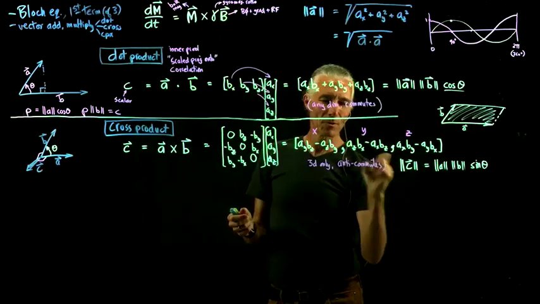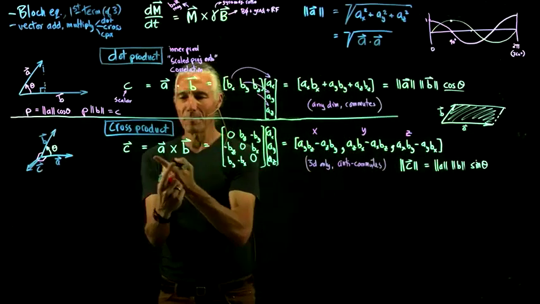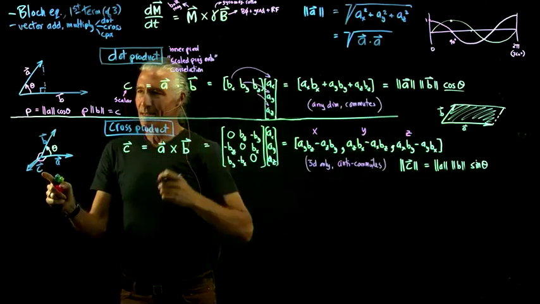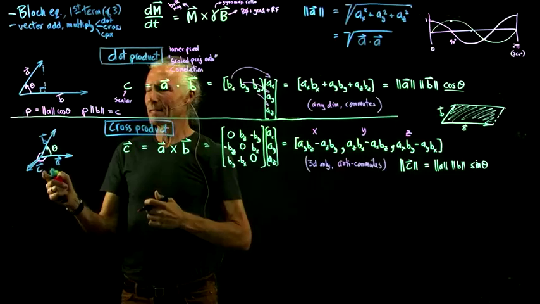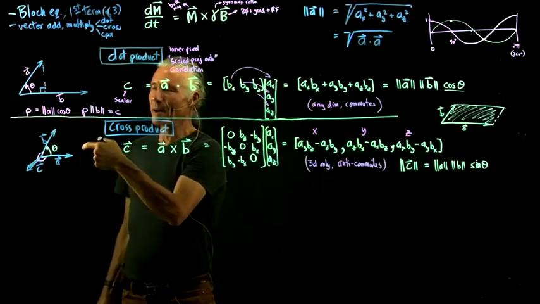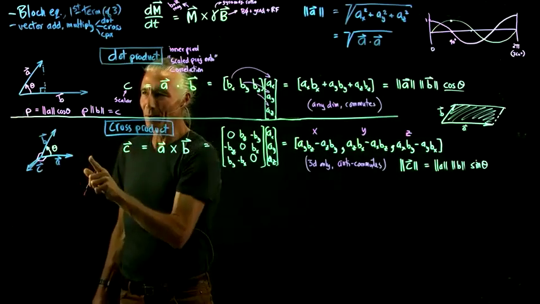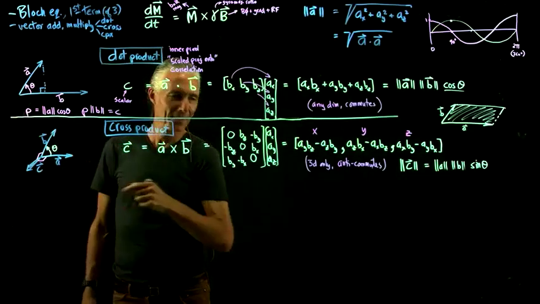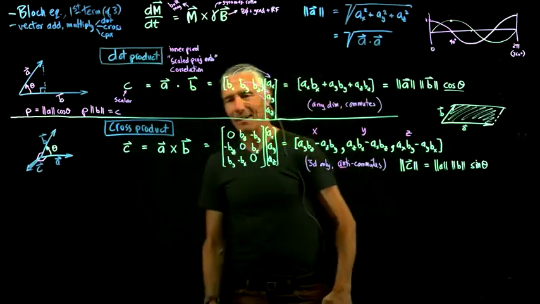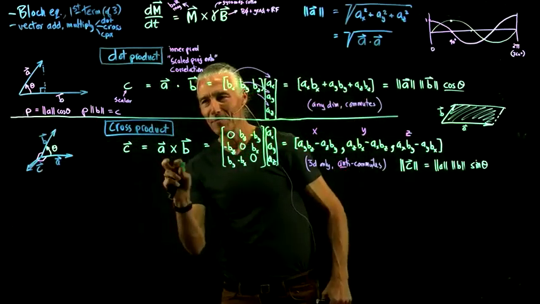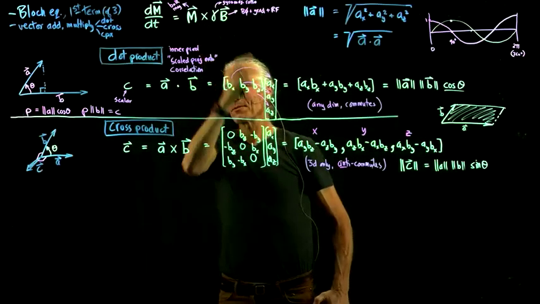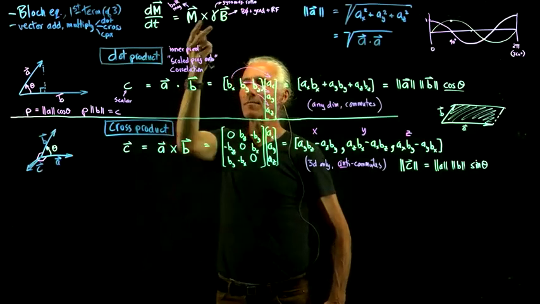I won't work through it, but if you just flip B and A, you end up with an output that's parallel to C, but pointing in the opposite direction. That's the anti. That's kind of a pain in the butt because you've got to keep track of it. If we flip this here, it wouldn't be the same. So it's not like regular multiplication where you can just flip it and it's the same.